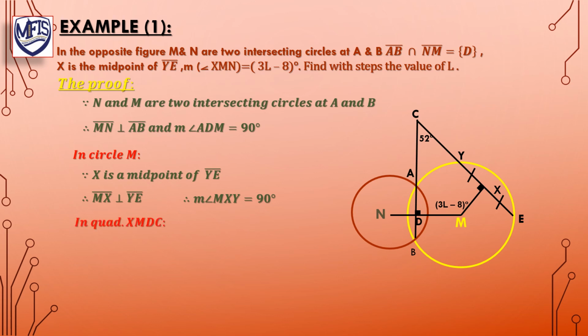Now, in the quadrilateral XMDC, measure of angle XMD equals 360 minus (90 plus 90 plus 52) equals 128. Now, 3L minus 8 equals 125. Therefore, 3L equals 136 and L equals 45.33.